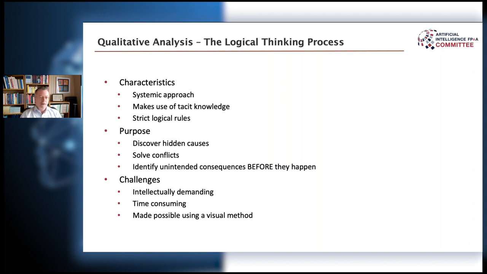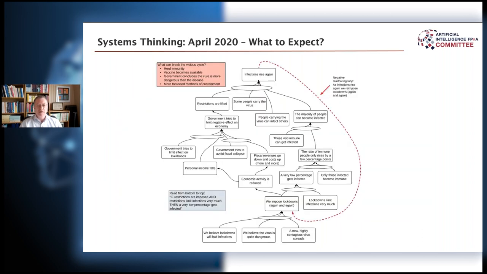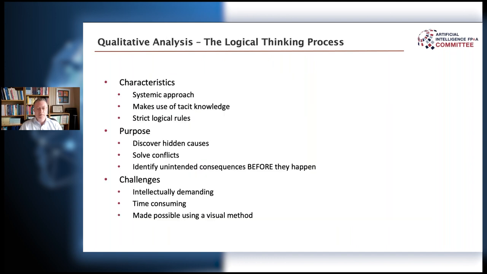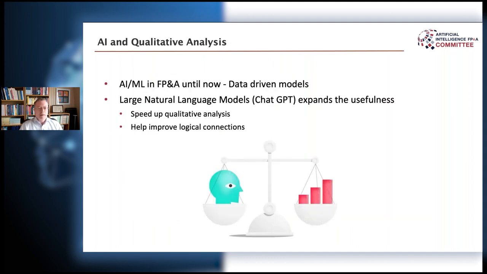It is a very challenging approach because it's really intellectually demanding, it's time consuming, and you need to use visual methods to actually use it. If we took this and plugged it into text form, everybody would give up trying to read through, probably.